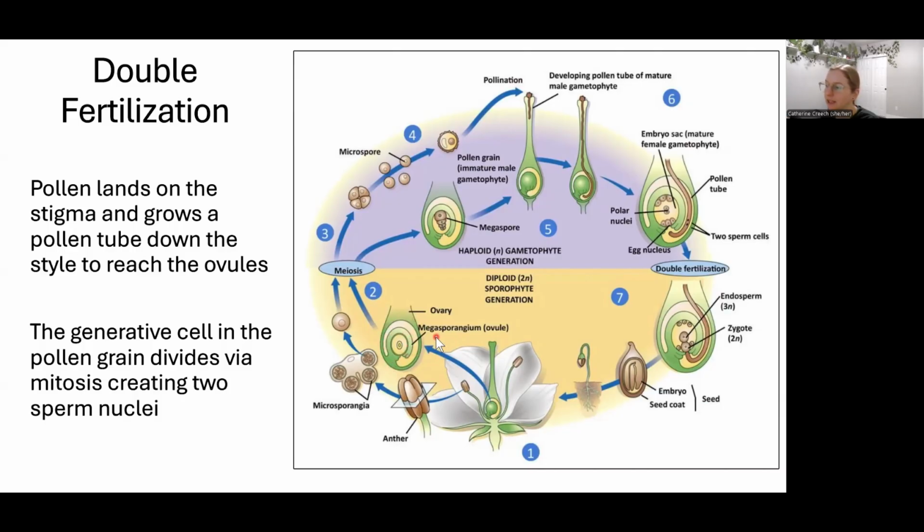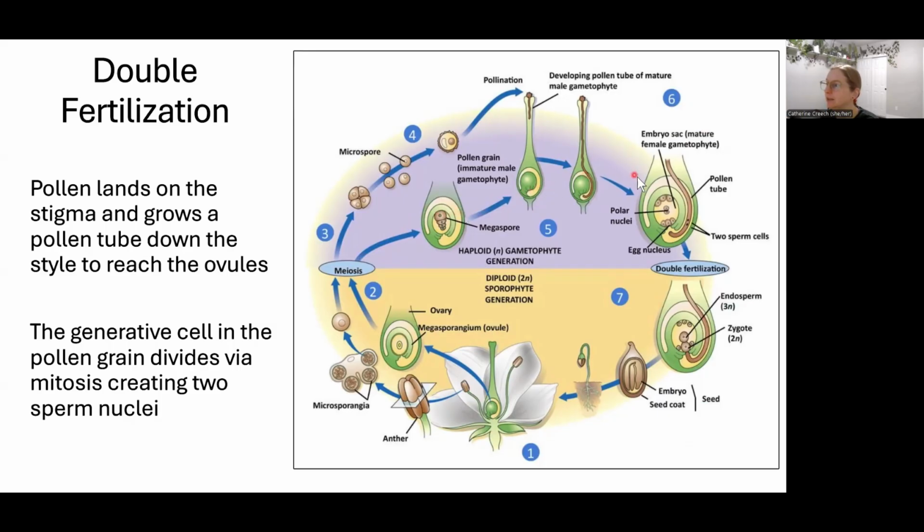The ovule contains the megasporangium. Inside the megasporangium, we'll have the megaspore mother cell. The megaspore mother cell will do meiosis. It'll produce 4 megaspores, but 3 will die, so it'll leave 1. That one existing megaspore will then go through mitosis.